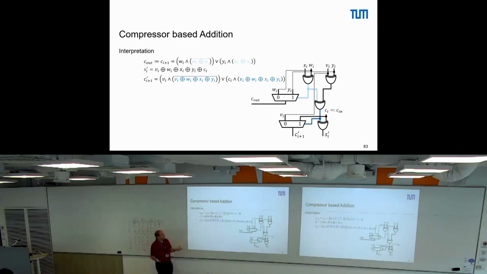The difference from a high-level perspective is we now have 4 inputs compressed to 2 outputs, plus an additional carry in and an additional carry out. And then we can connect all of this, and we have one structure that can always compress 4 bits into 2 output bits.